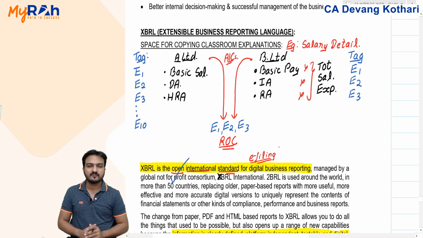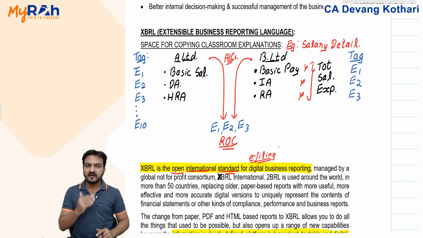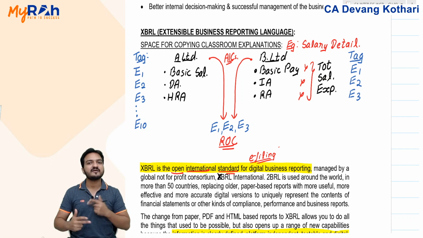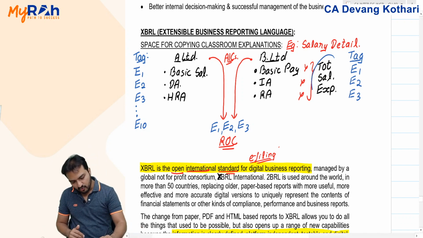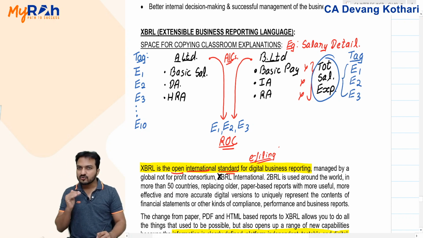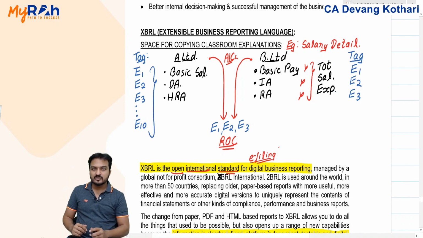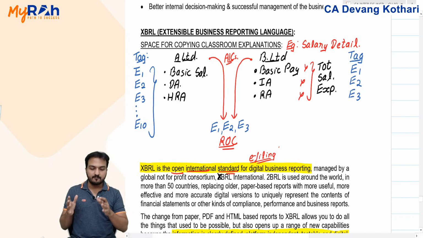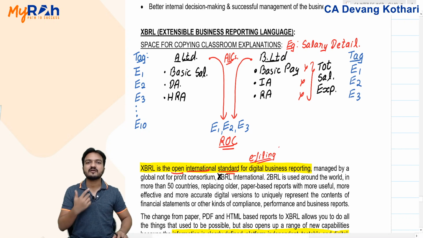And open, the word open here indicates that if ROC wants some data from the companies, then ROC can generate as many tags as they want. Either ROC will tell you to split your total salary expense into 3 tags like this, or ROC can also tell you to split that into 10 different tags like this. So XBRL is not a predefined software. Rather, the governing authority can define as many tags as they want.